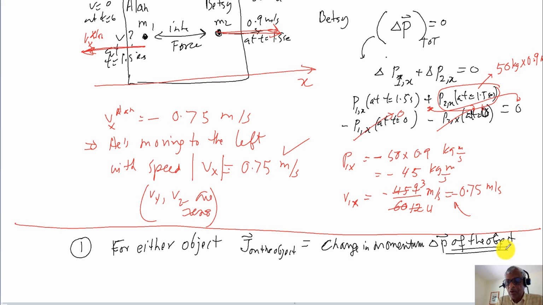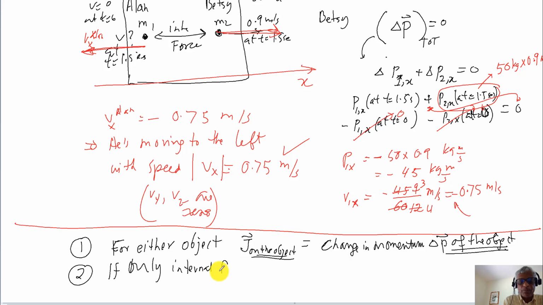And then we said if there are only internal forces, then the total momentum vector cannot change.